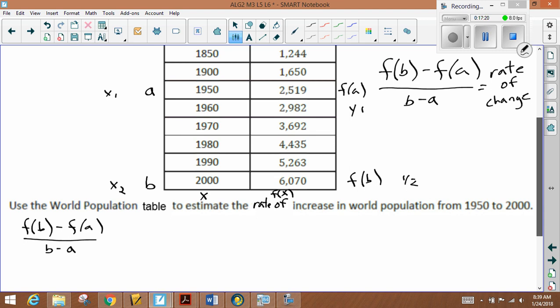And that would give me f of b, 6,070, minus f of a, 2,519, all divided by b, 2,000, minus a, 1950. I believe when we calculate that, we get 71.02.